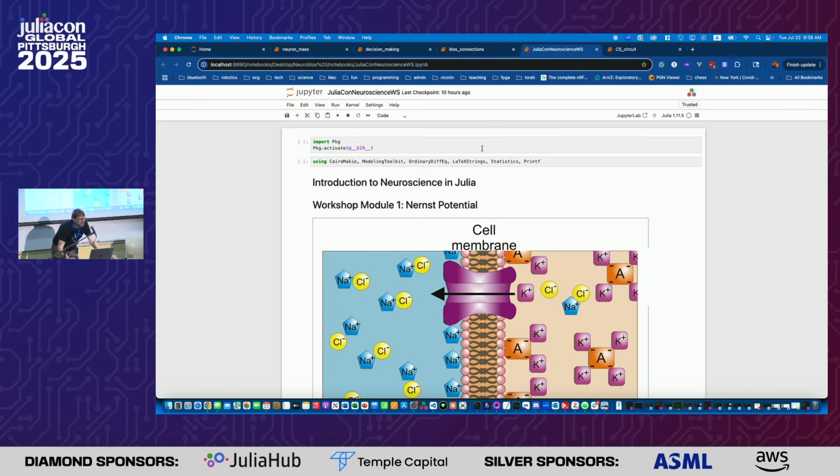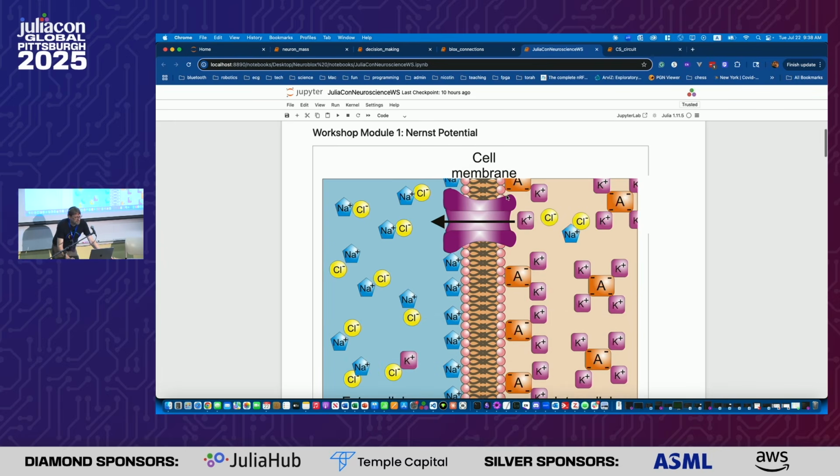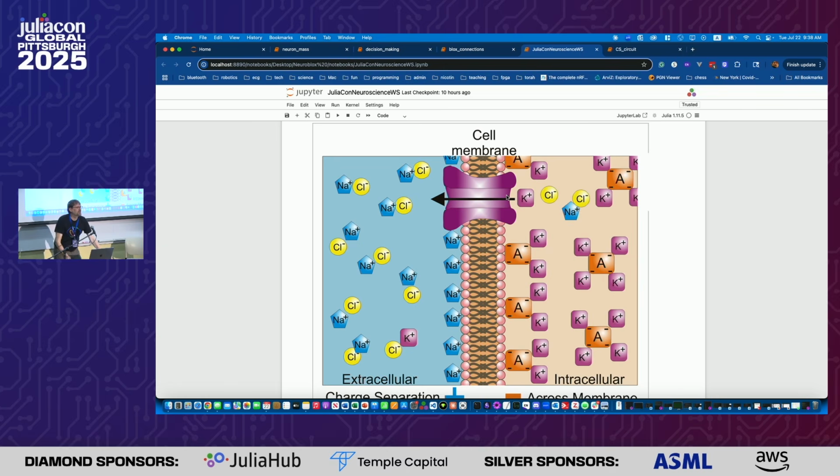The first notebook that I want to do is JuliaCon Neuroscience WS. This goes through the basic idea of neurons being driven by electric fields, right? This is the basis of all neuroscience, and we will go essentially through the Hodgkin-Huxley equation.